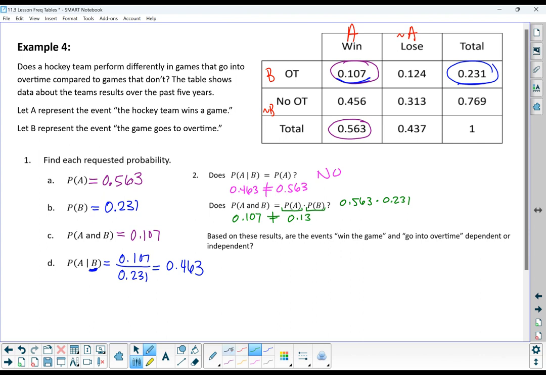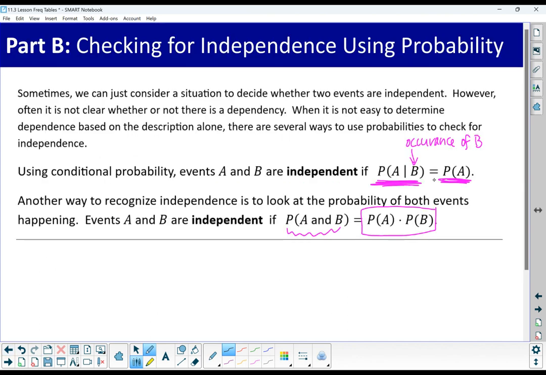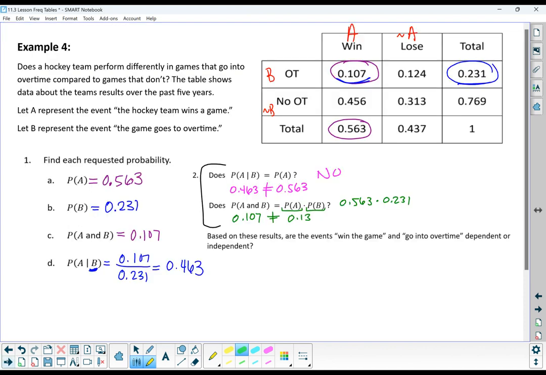So based on the results of these two questions, are the events winning the game and going into overtime dependent or independent? Well, if those probabilities are equal to each other, that's independent. So these are not equal, so these two events are independent. I'm sorry, oh my gosh.